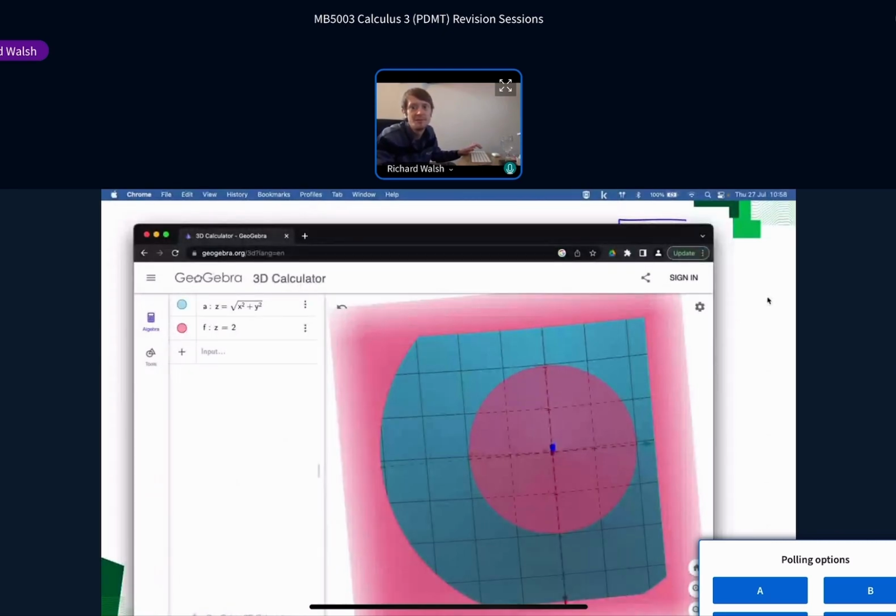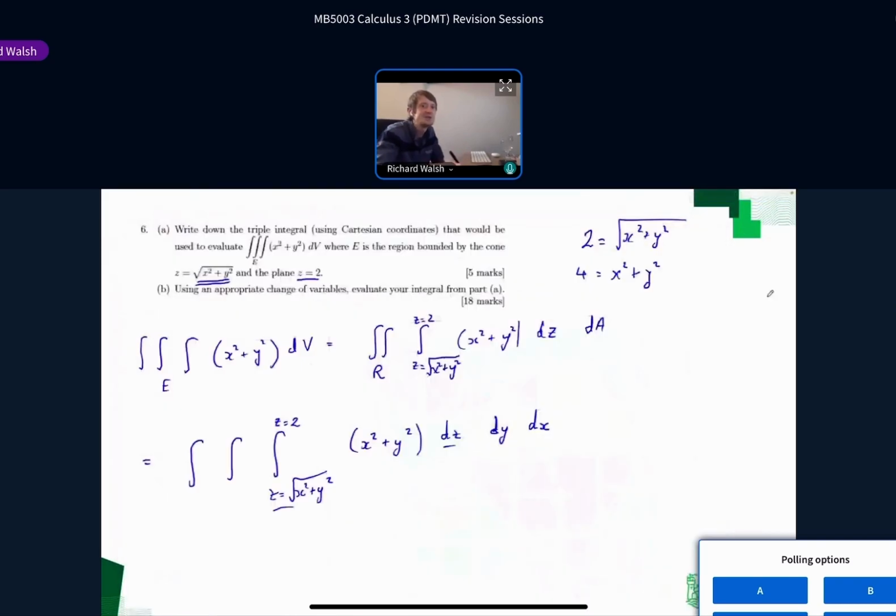But more mathematically, you'll be setting the plane z equals 2, which intersects with the cone when z is 2. So fill 2 in there for z. So 2 equals the square root of x squared plus y squared, and then just square both sides because it should be a circle.